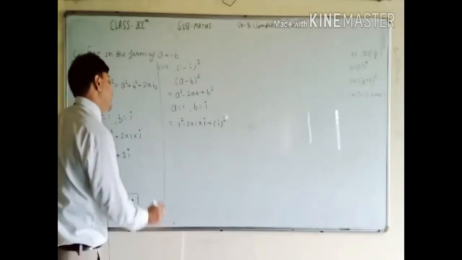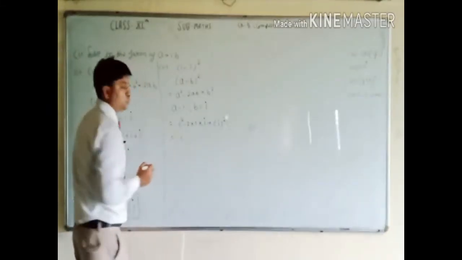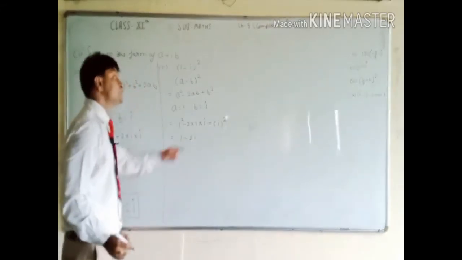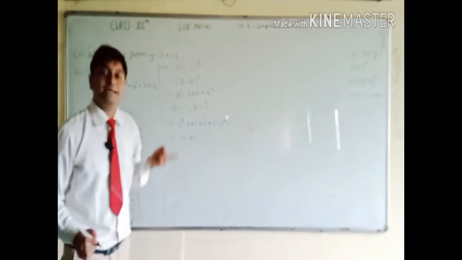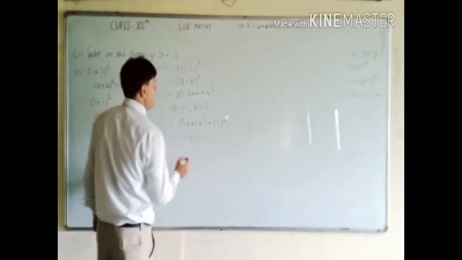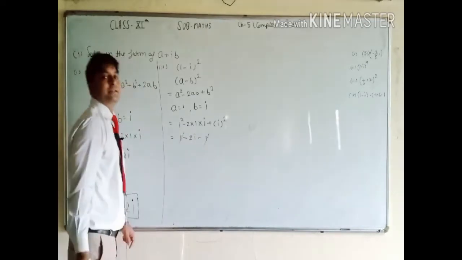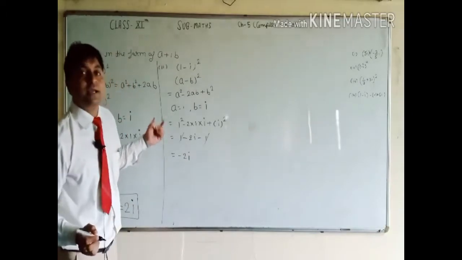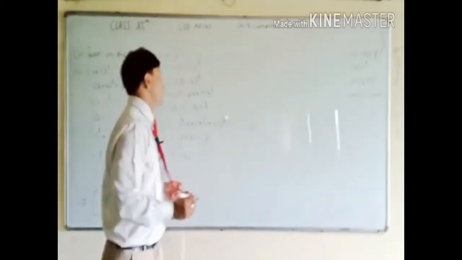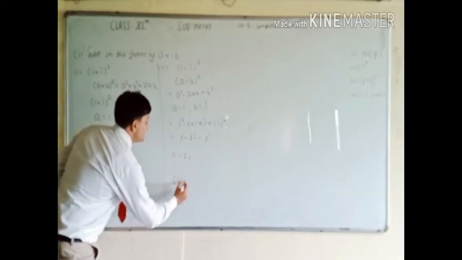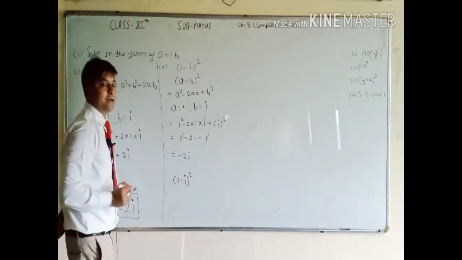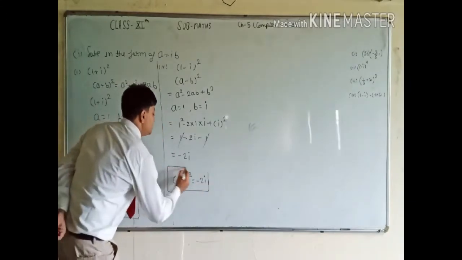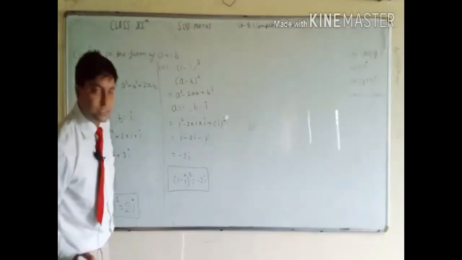So we know that 1 square is equal to 1, this is 2 iota, and iota square is equal to minus 1. So 1 is cancelled out by 1, then we find minus 2 iota. This is also a very important result of exercise 5.1, that 1 minus iota whole square is equal to minus 2 iota.